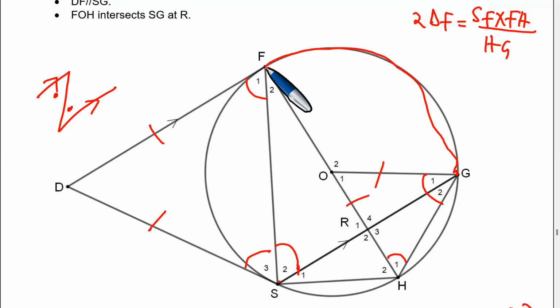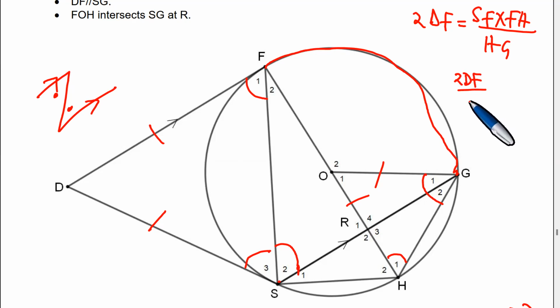Or if you divide by FH, for example, you can have DF over FH. So you'd have, therefore, DF, SF over FH, and then you have SF over HG, which is what we're going to do. If you divide here, you can rewrite this thing as this.